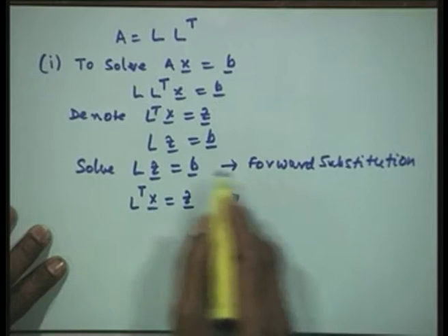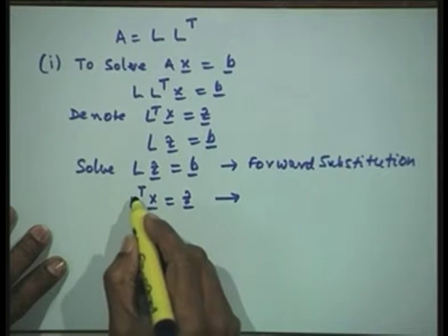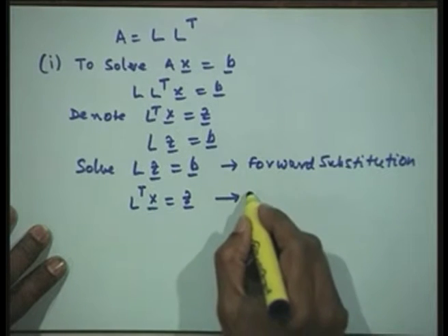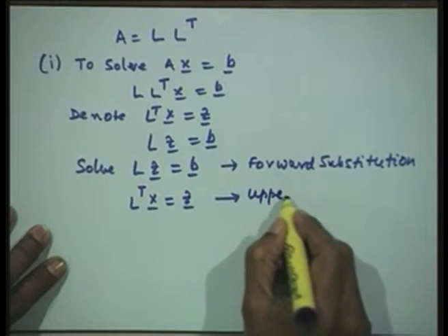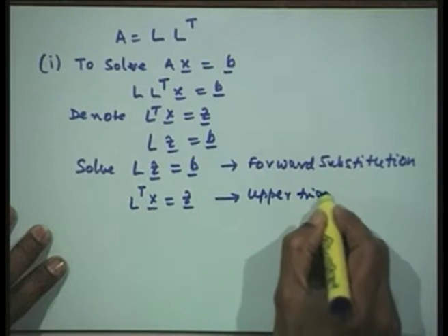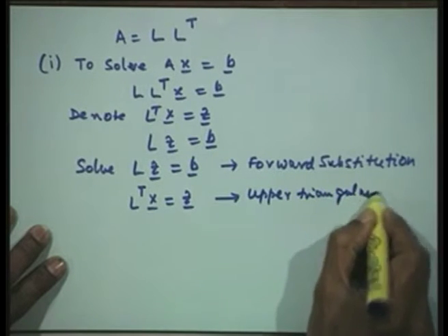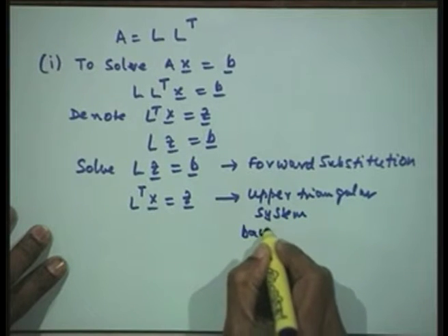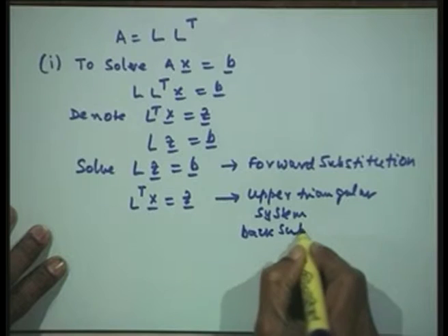L is a lower triangular matrix and therefore its transpose is an upper triangular matrix. So this will be an upper triangular system. Therefore we shall use back substitution for solving this.